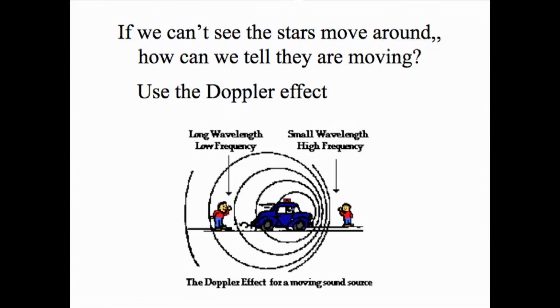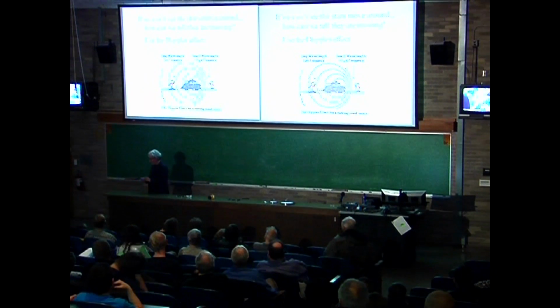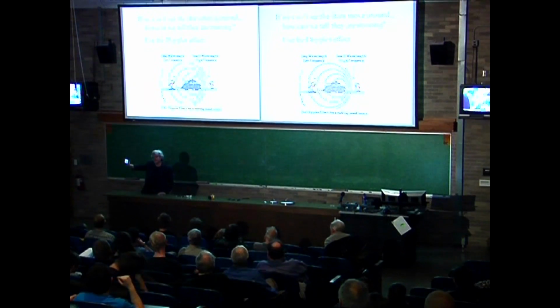If the sound waves are close together, you hear a high pitch, and if the sound waves are far apart, you hear a low pitch. So if I take my iPod out again, as it's moving towards you, you hear it higher. As it's moving away, you hear it lower.